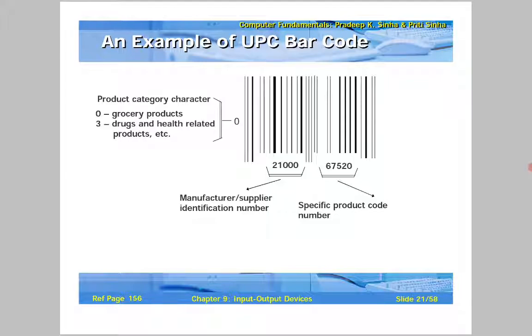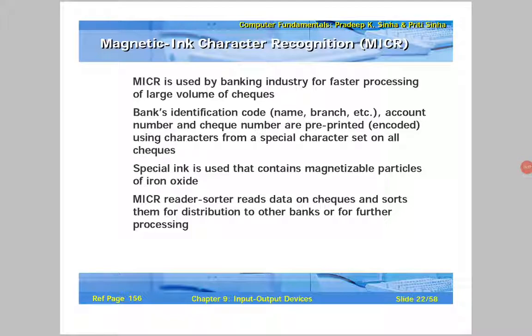They can be read by barcode readers, and every barcode symbol has a different unique symbol for identification purposes. Another popular, important input type is MICR, magnetic ink character recognizer. Generally it is used in banks or the banking industry for faster processing of large volumes of checks, and every check comes with a MICR code.